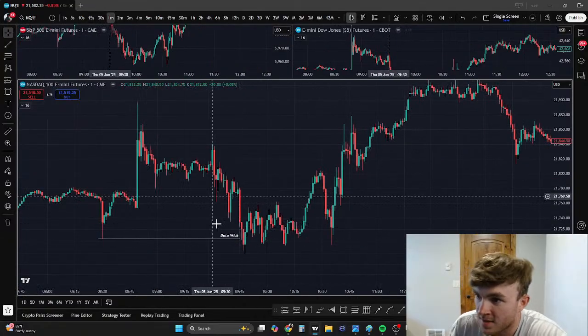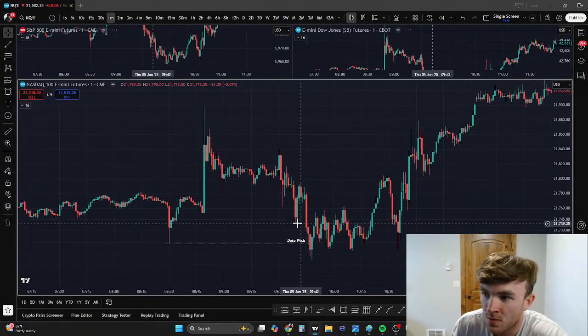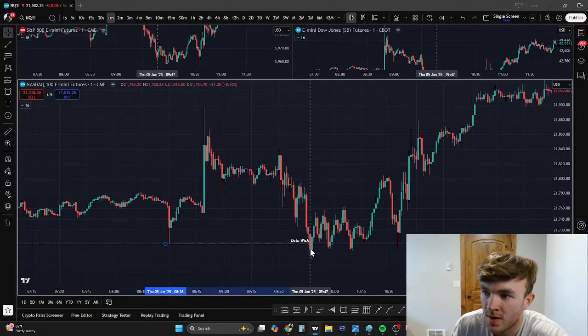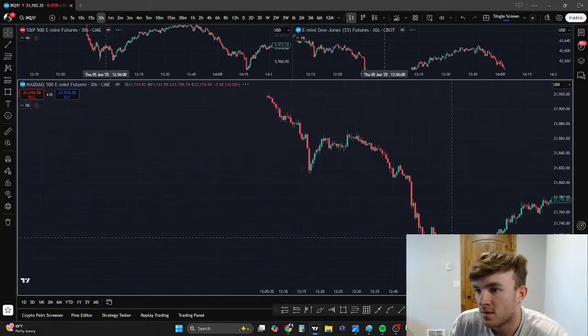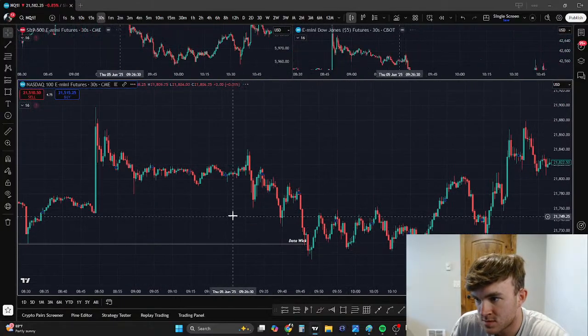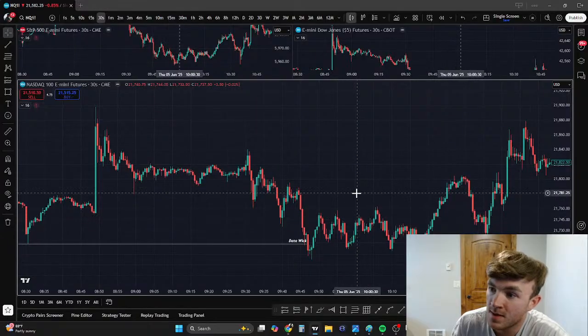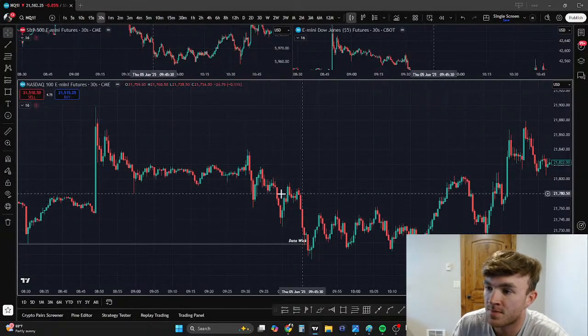So this was the draw on liquidity. I don't know what trade you would have taken to go to it, but maybe this 30-second inversion.